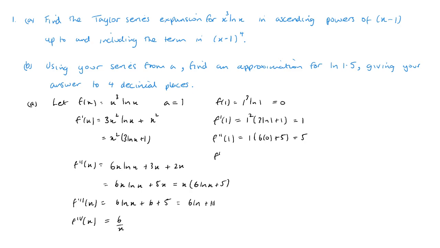Then the third differential is 6 ln x plus 11, so it's just 11. And the fourth one is 6 over 1, so it's just 6. So there I've got my first set of values.